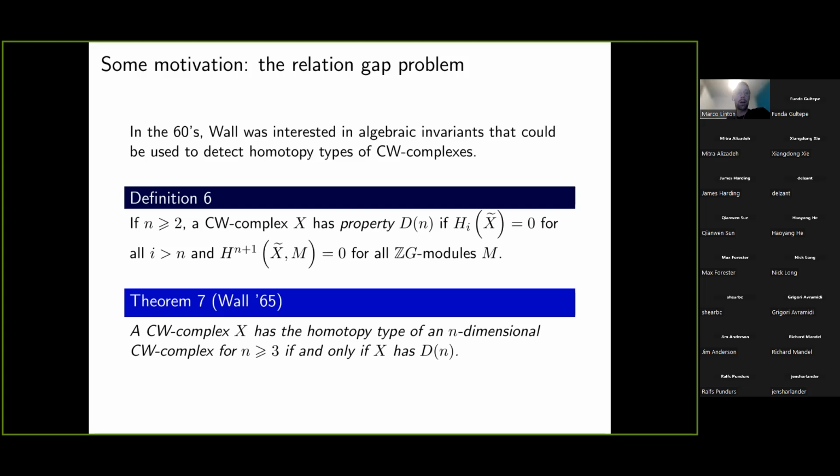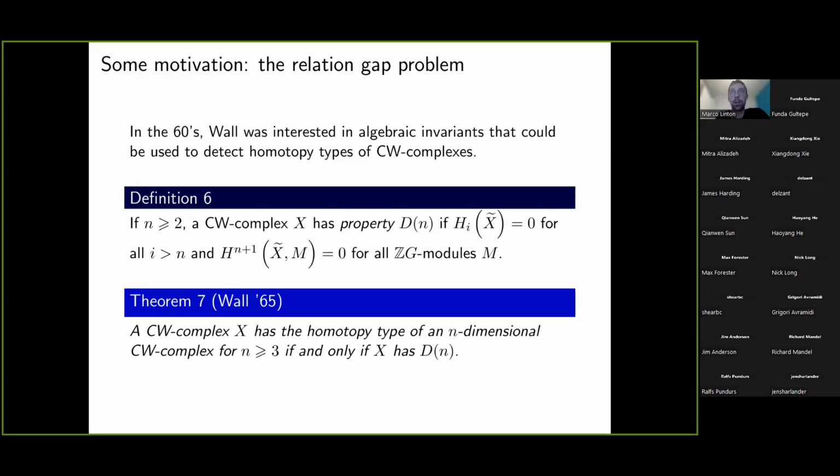So, a CW complex X has property Dn if the ith homology group of its universal cover vanishes for i strictly greater than n, and if the n+1 cohomology vanishes. Here I'm taking the chain complex of the universal cover and considering this as a complex of ZG modules.